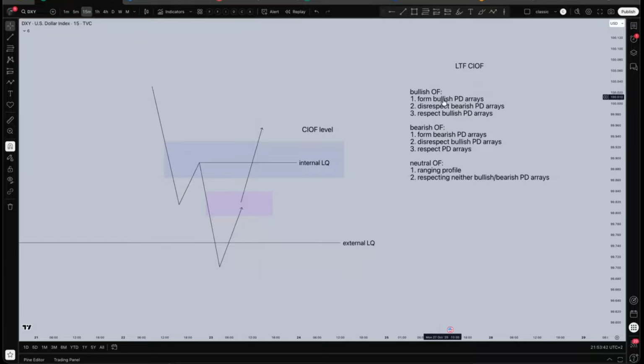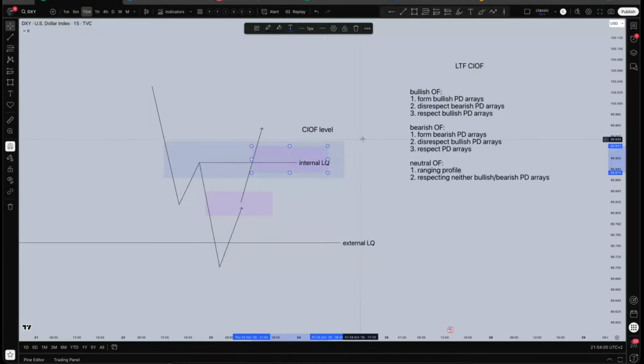So if all of those three criteria are met, we have inverted the change in order flow level, we have formed bullish PD areas on the way up, we have a high probability change in order flow. And then we want to see price retrace into this BPR, in this case, if we have here a bullish fair value gap formed on the buy side as well.